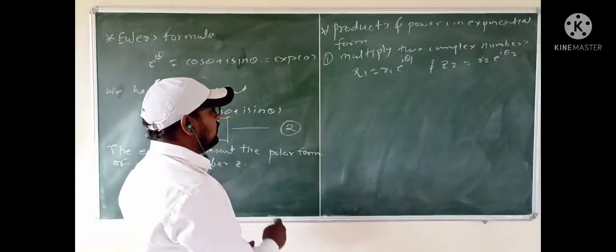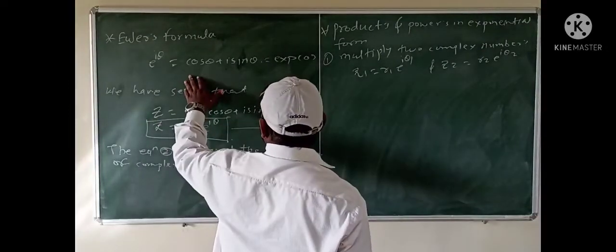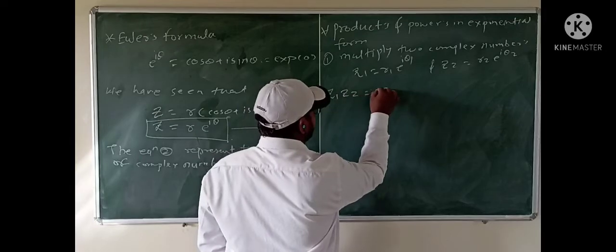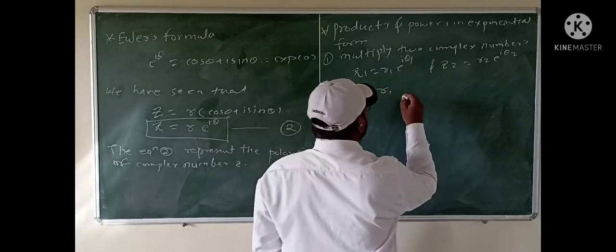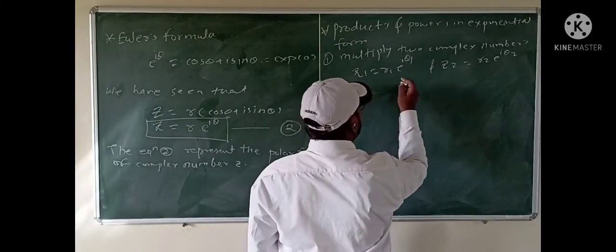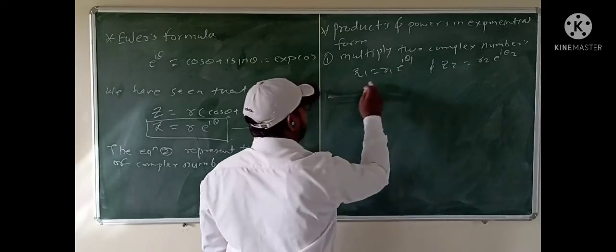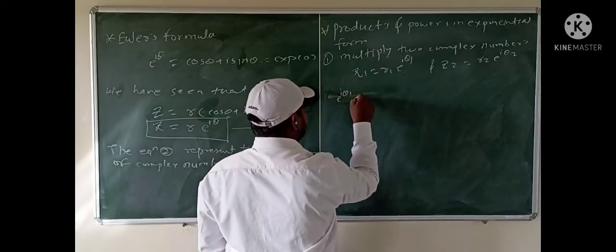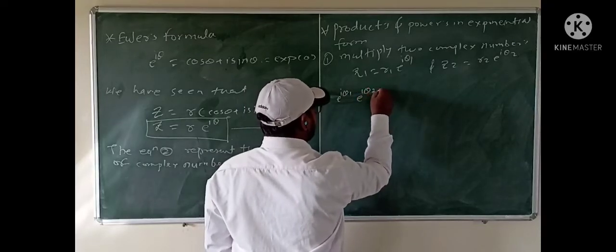Then z1 into z2 is r1 r2 times e raised to i theta 1 into e raised to i theta 2.